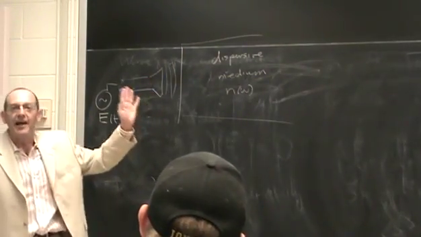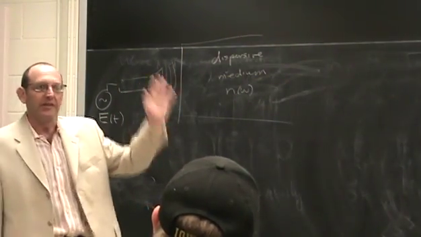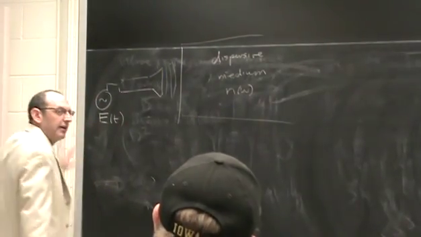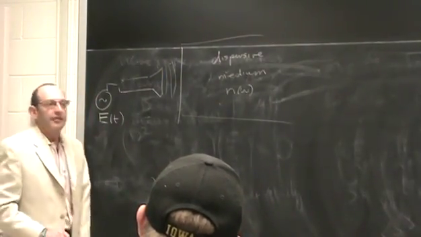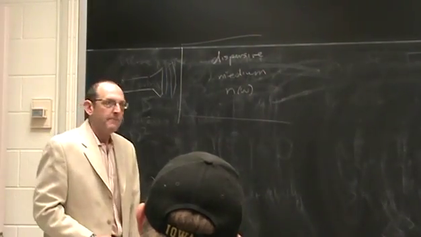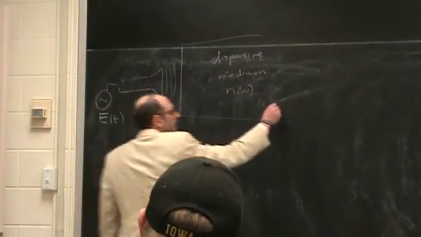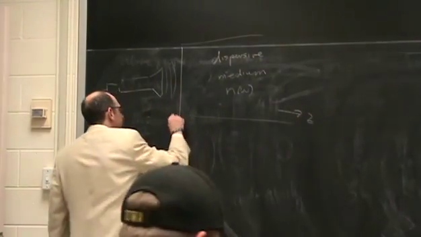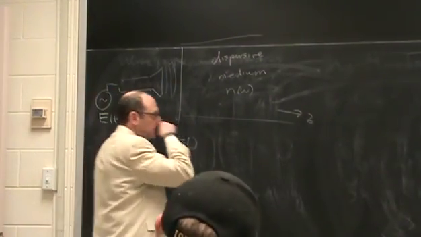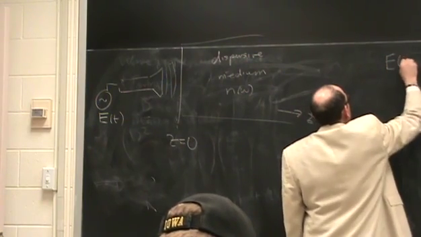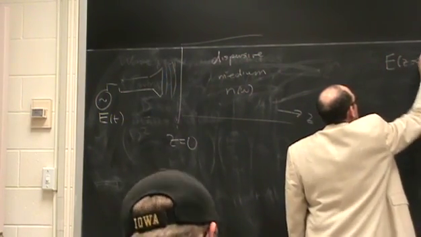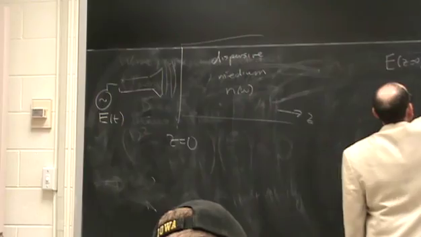I'm just going to say this is the amplitude, and this is the real signal. Let's call this the z direction, and this is z equals 0. So right at z equals 0, as a function of time, is some signal.